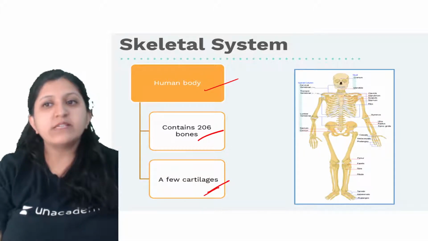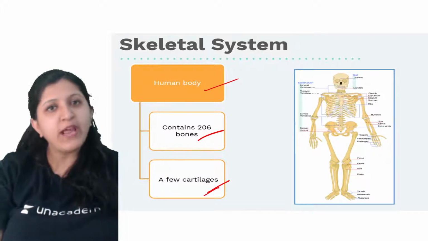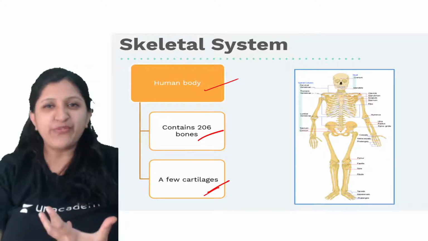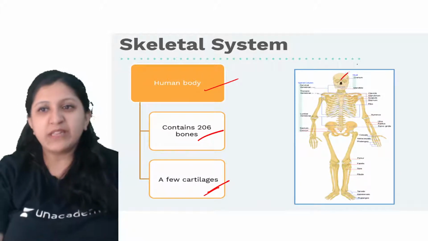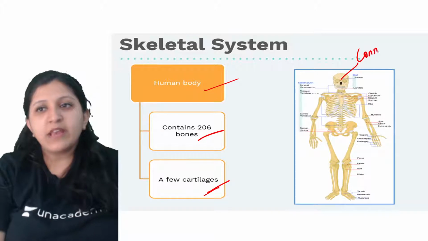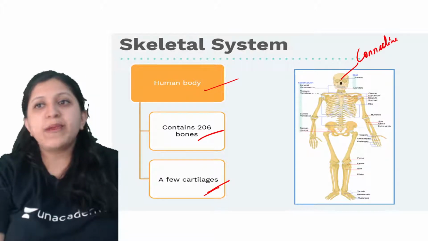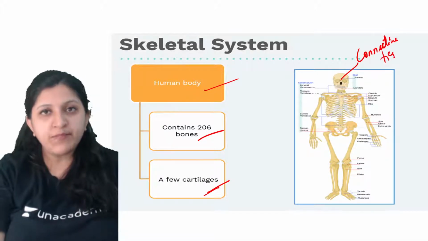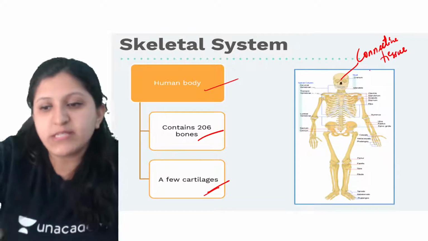You can see the outline of a human body, and above that different types of tissue, but this one is actually a connective tissue, with respect to bone or cartilage.